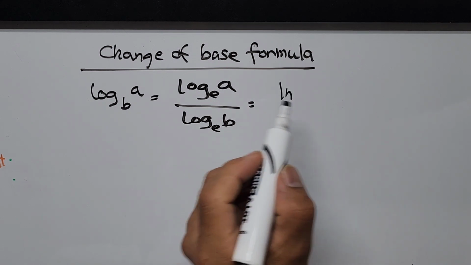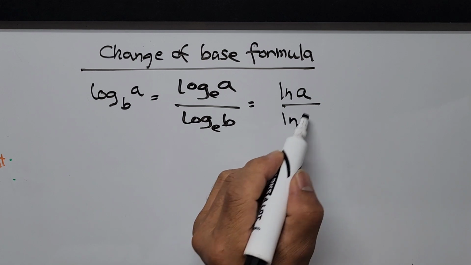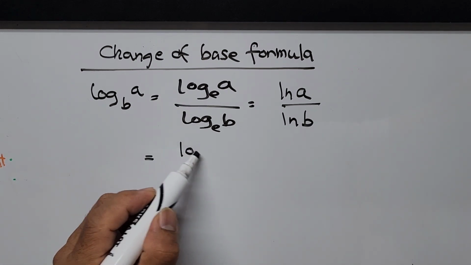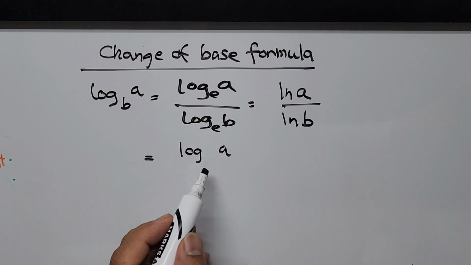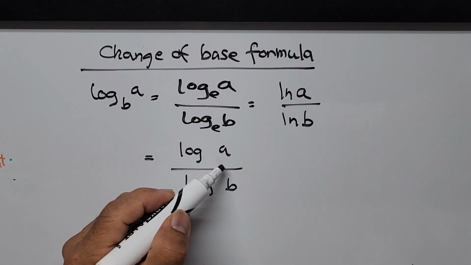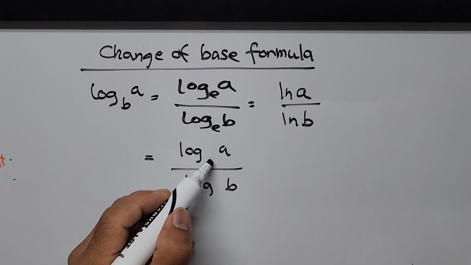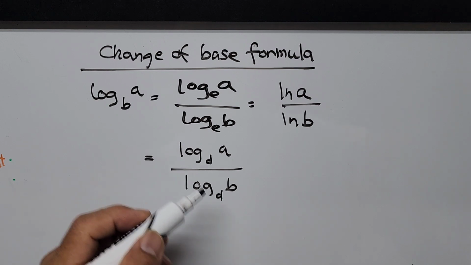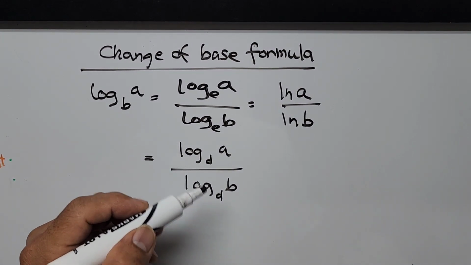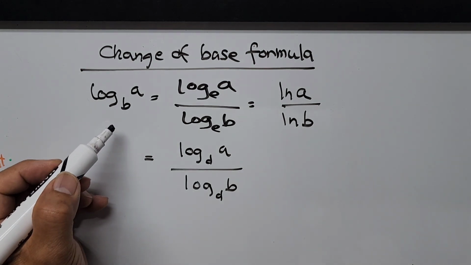So it'll be ln of a divided by ln of b. And in here, this can be written again as log of a divided by log of b. Means we can use base 10 over here, base 2, base 20, whatever, base d, or anything. You can use any number or any letter as the base over here. So that's how it works for the change of base formula.